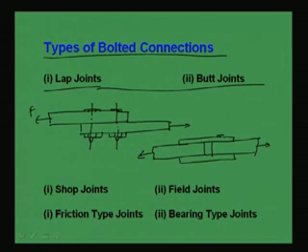If we provide some bolting here, then it will look like this, and here if we provide another bolt. So, this is one plate, and this is another plate which has been connected through butt.